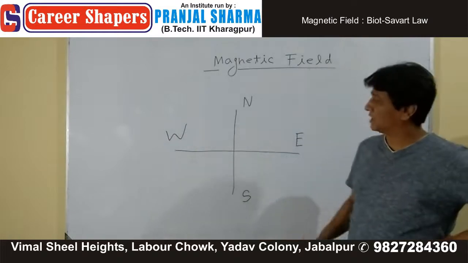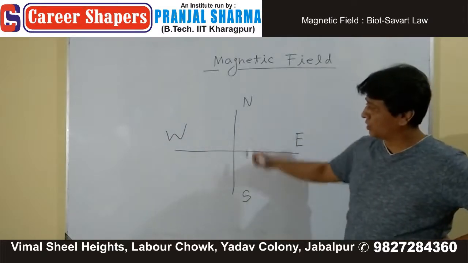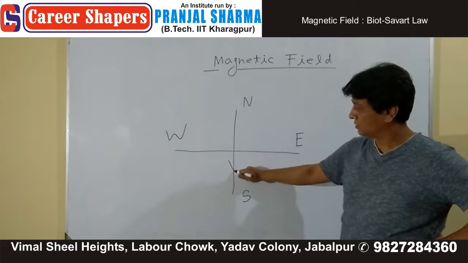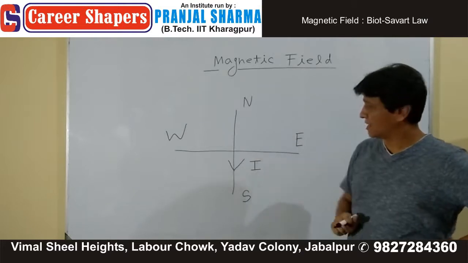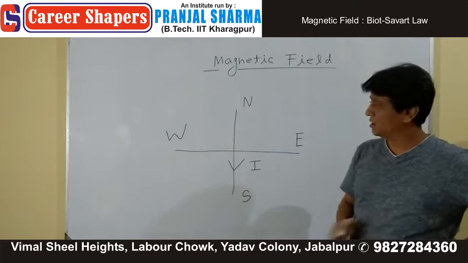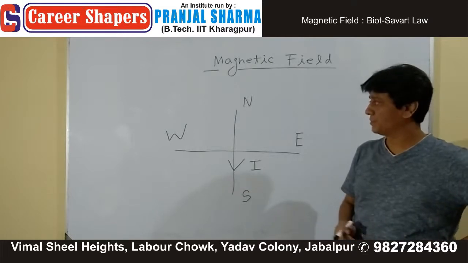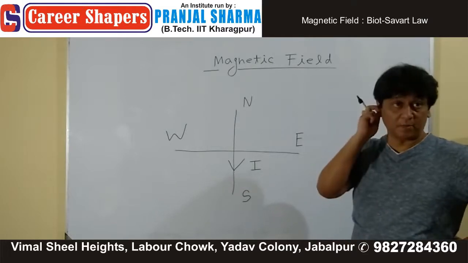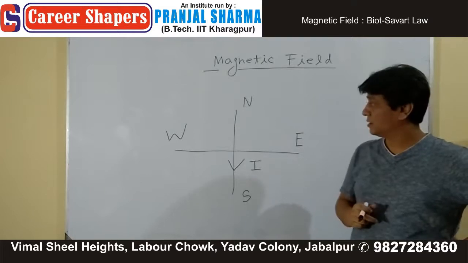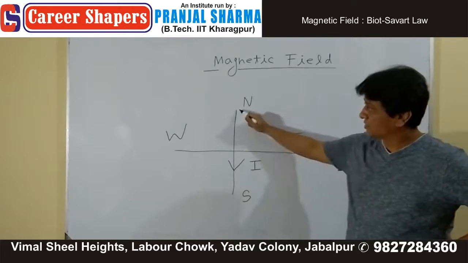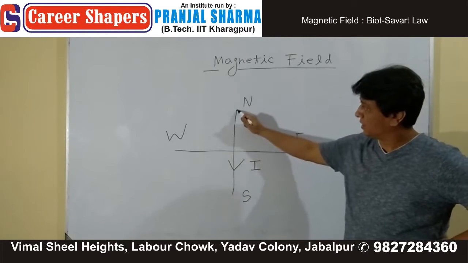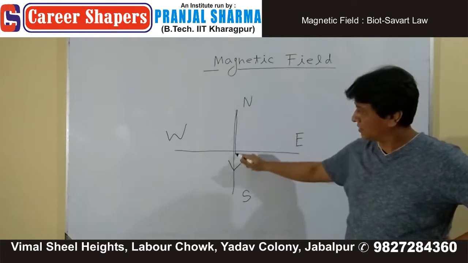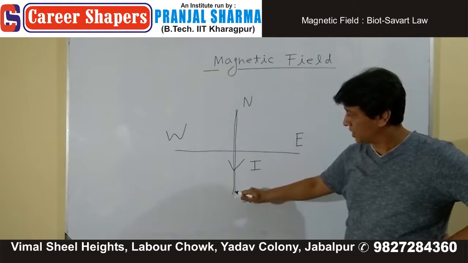Question says current is flowing from north to south. This is the direction of current, I. When I say above the wire, this is the wire. Let me highlight this wire. This is your current carrying wire.